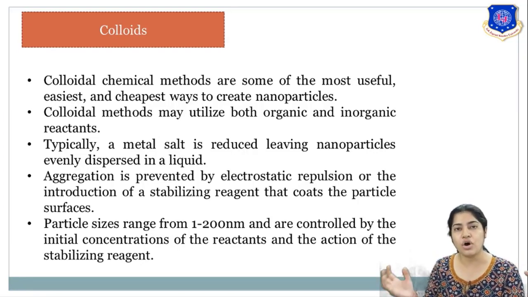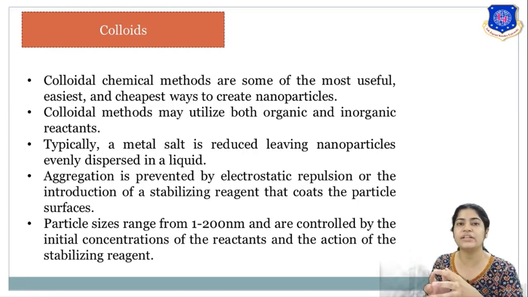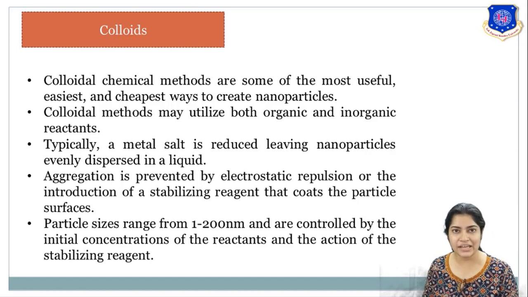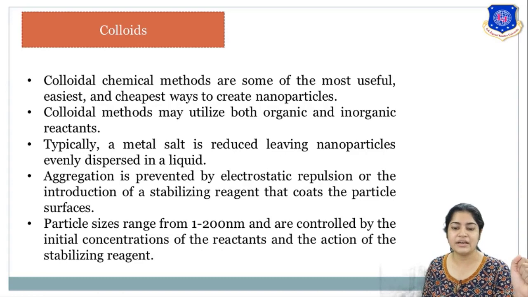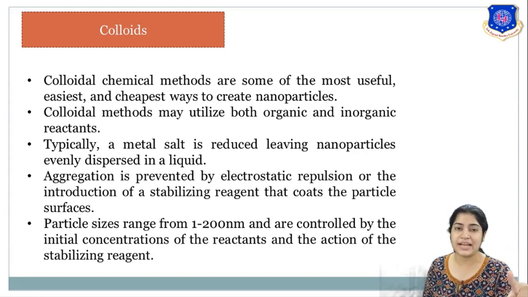That all your solute is agglomerating together to form a big bulk solute entity. So you have to prevent aggregation such that uniform distribution of your small colloids is present in the overall solution, right? So how can that be achieved? By electrostatic repulsion. For that you are introducing a stabilizing reagent.